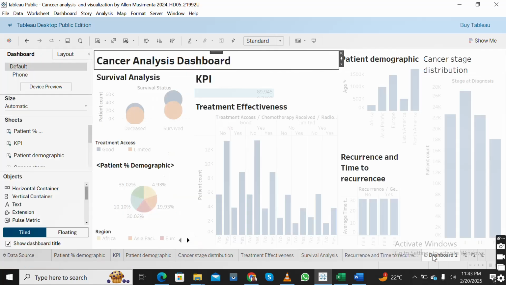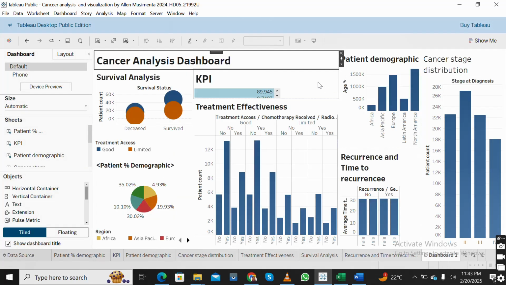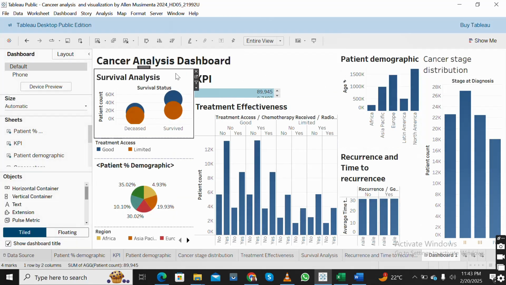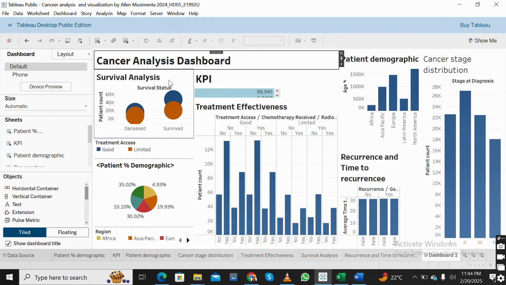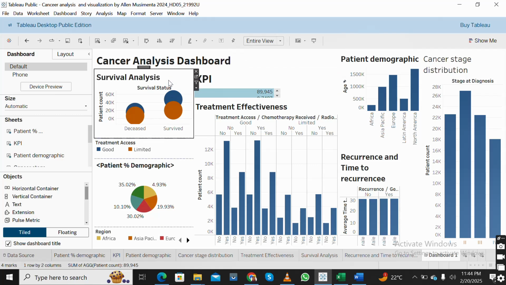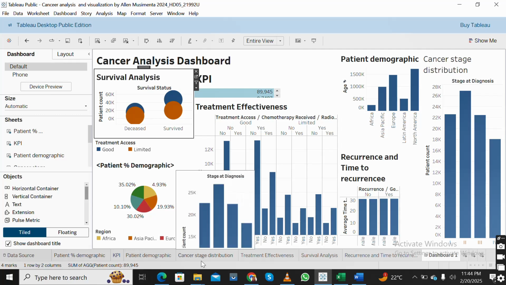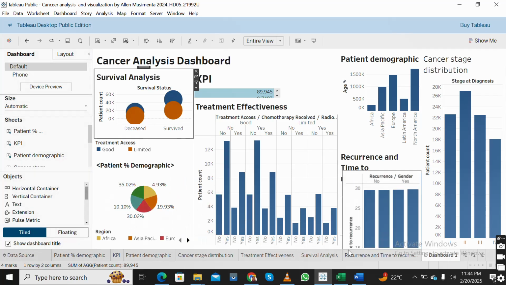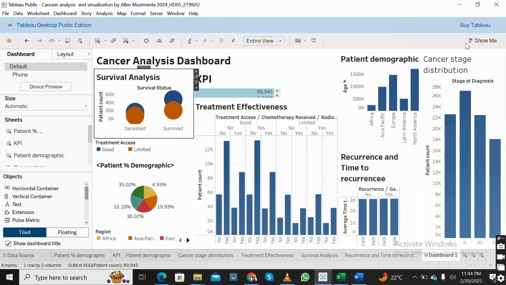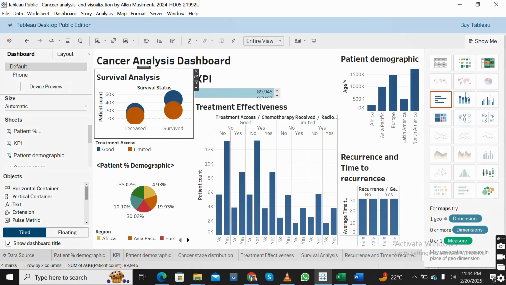Lastly, we're going to look at the dashboard. So this is a dashboard, and I came up with this dashboard to show a brief of all the different graphs and histograms and the different shapes that we've come up with.